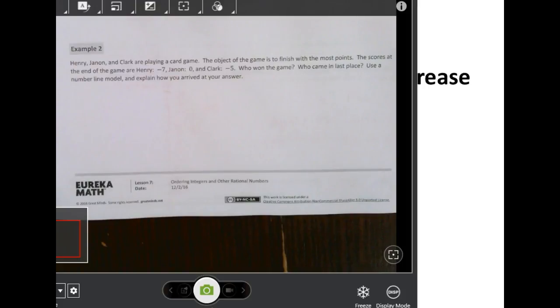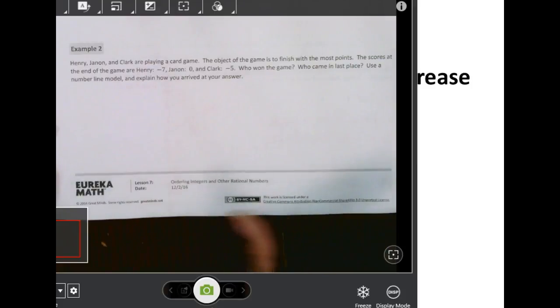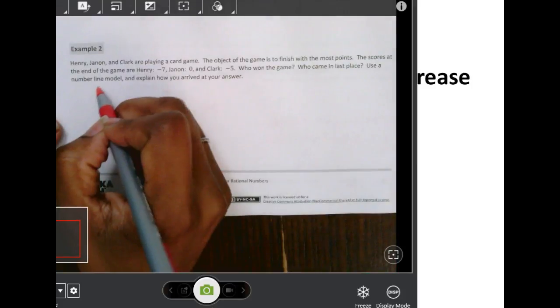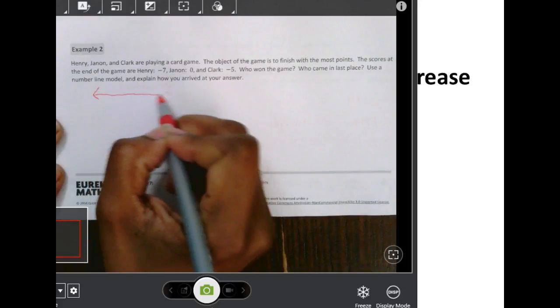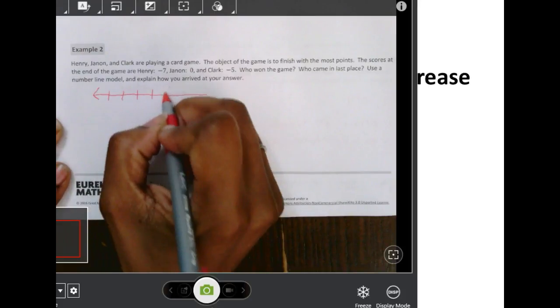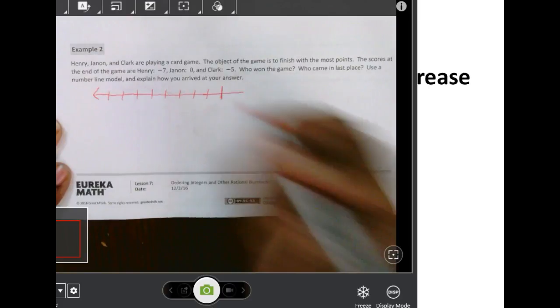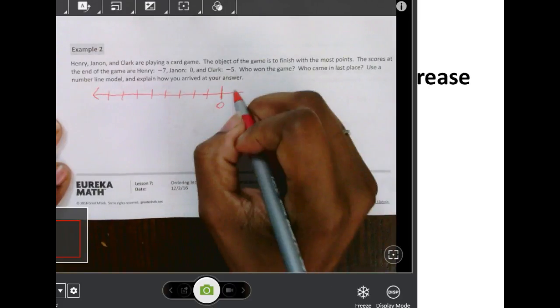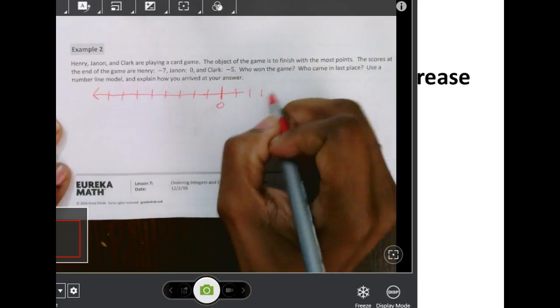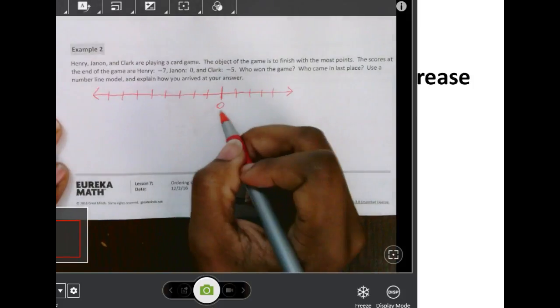So the first thing I want to do is create a number line, and because we have a -7, a 0, and -5, I want to make sure the line is large enough to include those numbers. So I've included my 0 here, which is where I'll start.